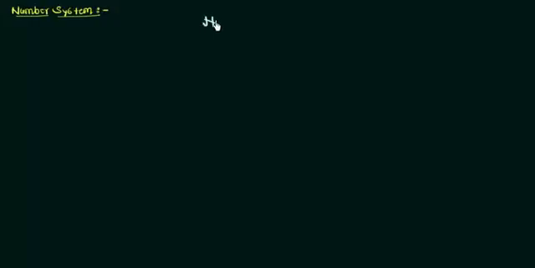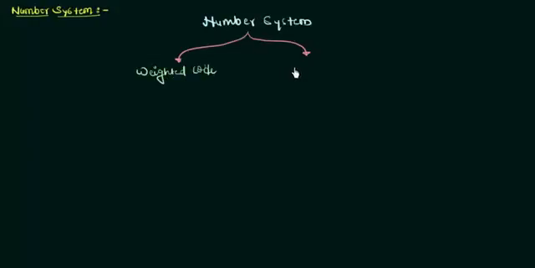So number system, it can be broadly classified into two types. The first one is your weighted code, and the other one is your unweighted code. I will tell you what is this weighted code and unweighted code, but let me write down some examples of it.